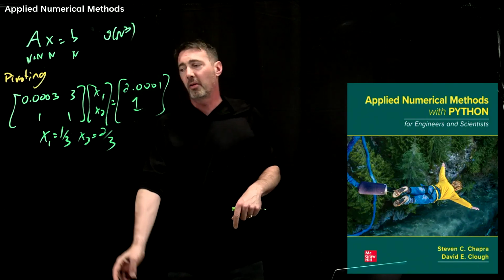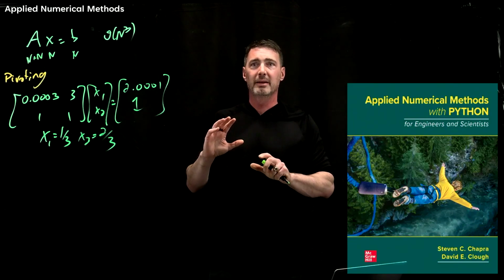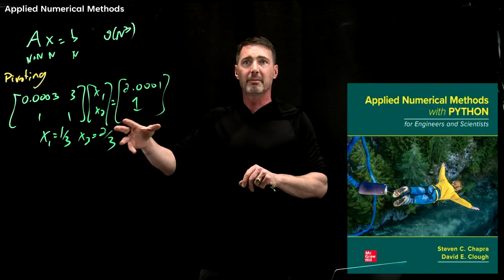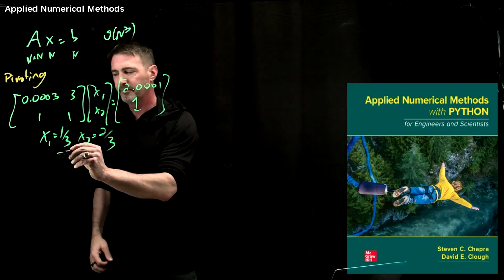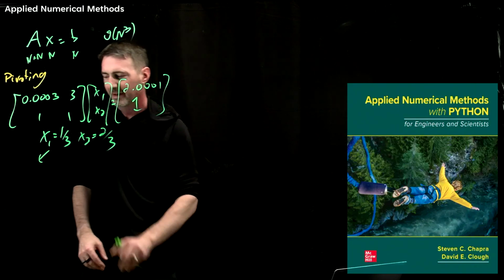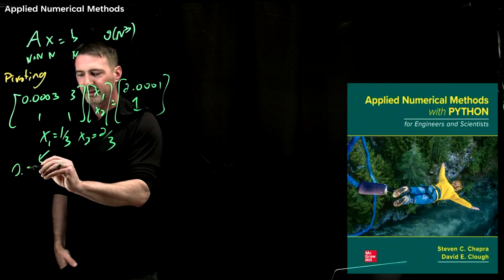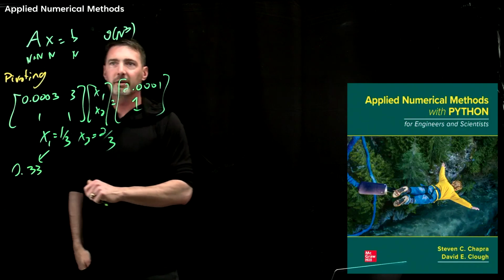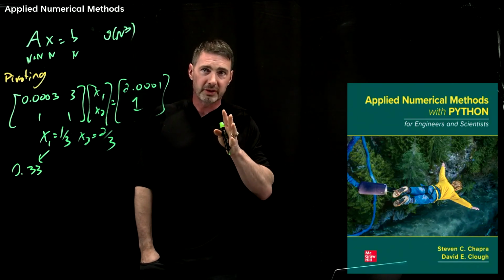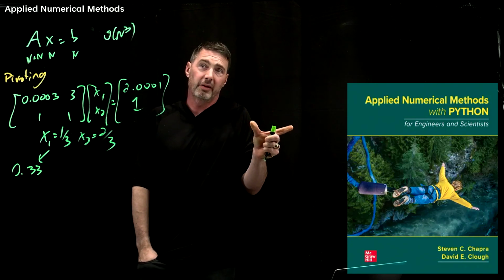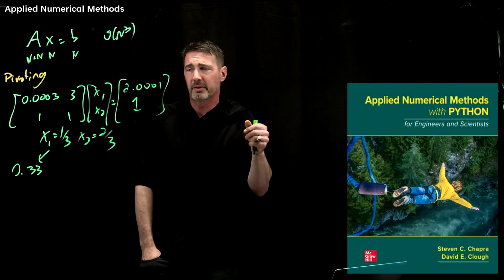But remember, our computers actually don't store 1/3. That's a fraction. Our computers will store that as a decimal. Maybe I have a computer that only has a few digits of accuracy because I'm not carrying 32 bits, I'm carrying maybe 4 bits or something like that.